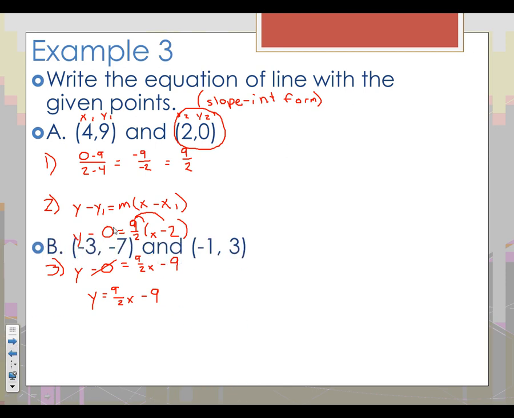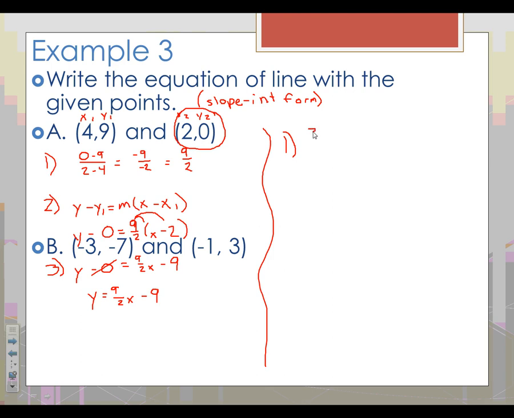Practice another one. So this one we're going to look at (-3, -7) and (-1, 3). So I'm going to go over here with that work. (-3, -7), (-1, 3). So three-step process again. To begin with, find the slope.